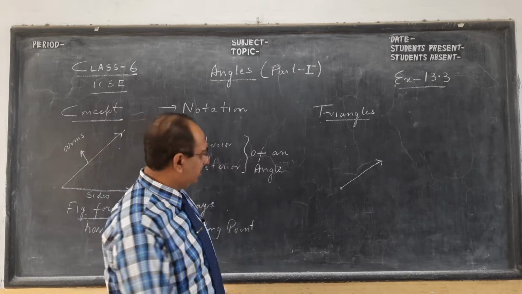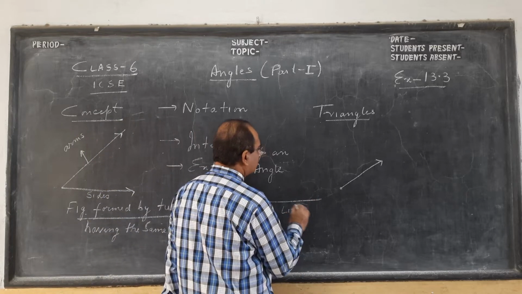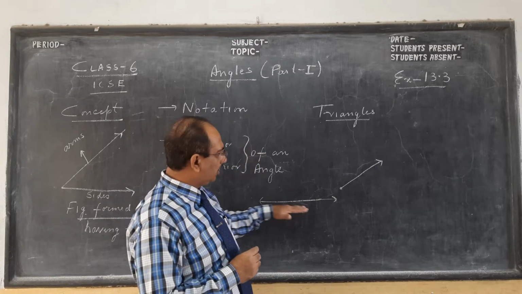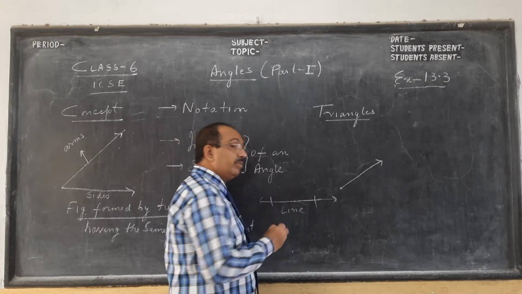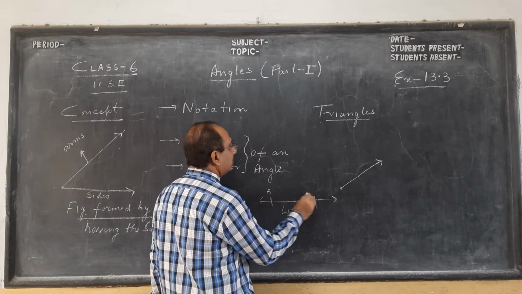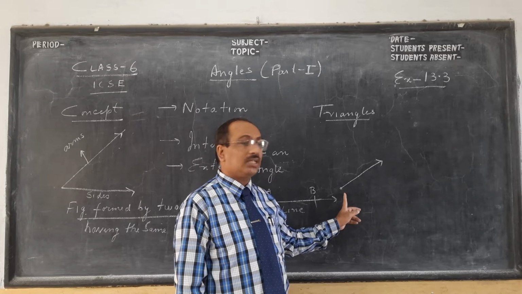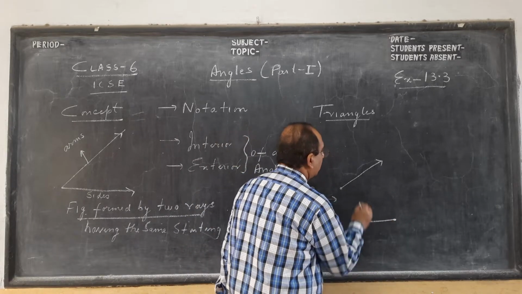First let us recapitulate a few things. What is a line? A line goes both sides to infinity. A segment means a part, so a line segment has a fixed length. But when you have a line which has a starting point and on one side it is endless, children, it is called a ray.